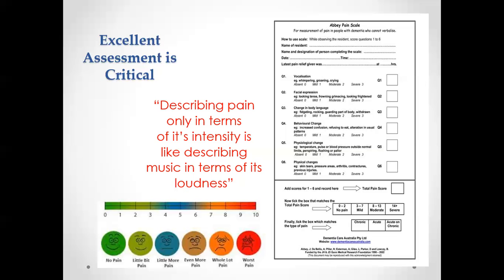In the daytime or the night or the early morning? Does it ever wake you up? Does it lead to anything else? Is it accompanied by other signs and symptoms? Does it ever occur during, before, or after meals? Does it occur seasonally? We also have the Abbey Pain Scale, which is a tool to measure pain in residents who are unable to speak or verbalize pain.